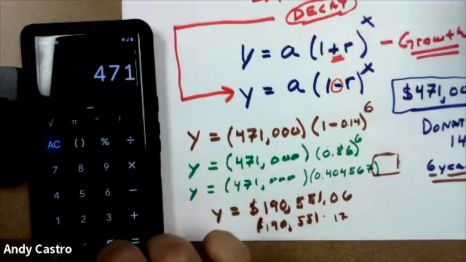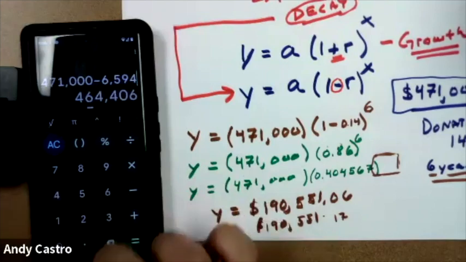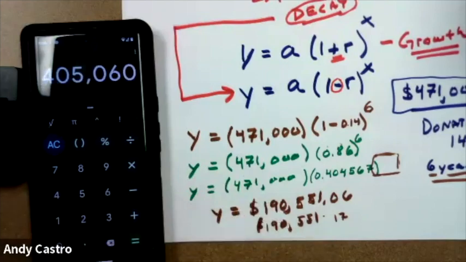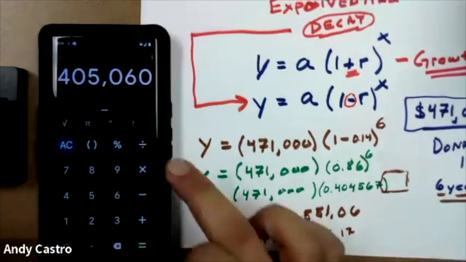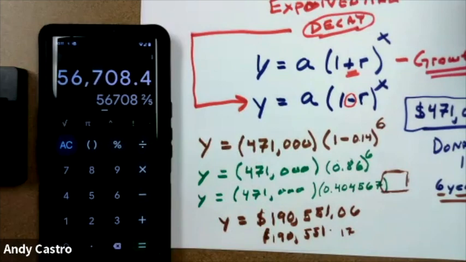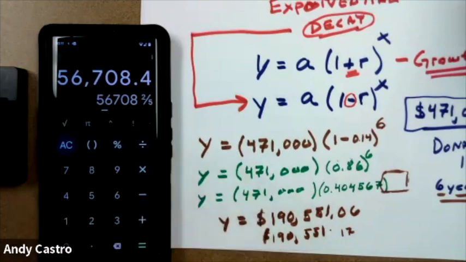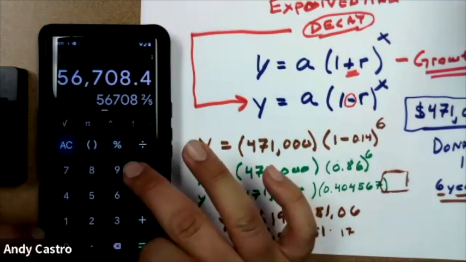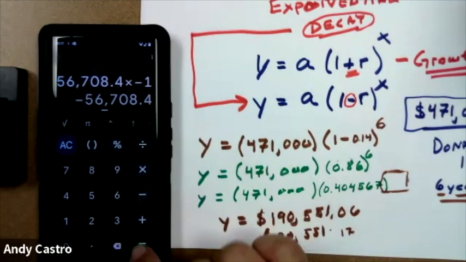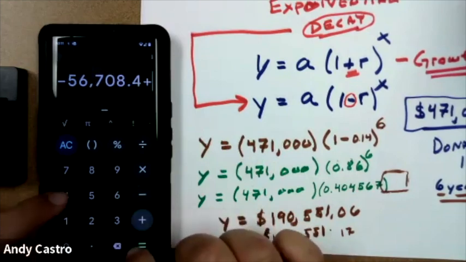So 471,000 minus 65,940, I'm left with $405,060. Then I multiply that by 14%. I have 56,708.40. Let me go ahead and make that negative, and I will add that to 405,000.